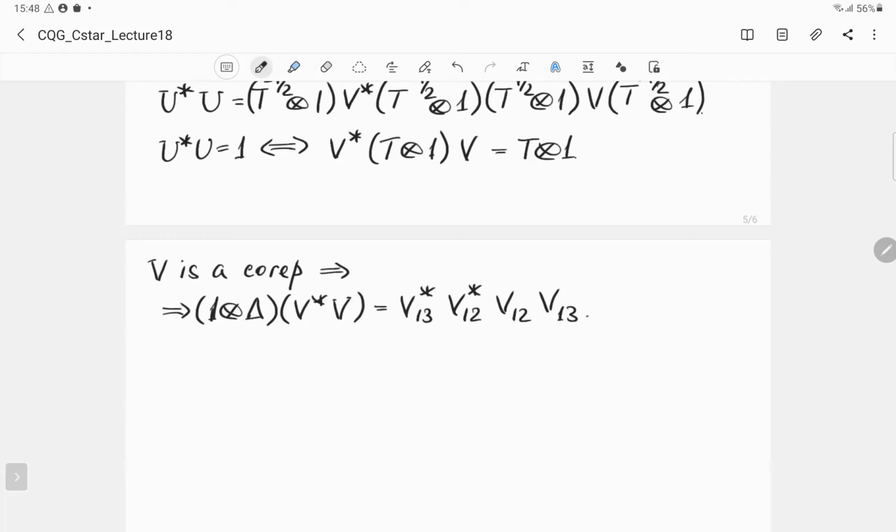Okay, and now we apply the following operator to this equality. This equality holds in B of H tensor A tensor A. And we apply the following operator to both sides of this formula: 1 tensor H tensor 1.